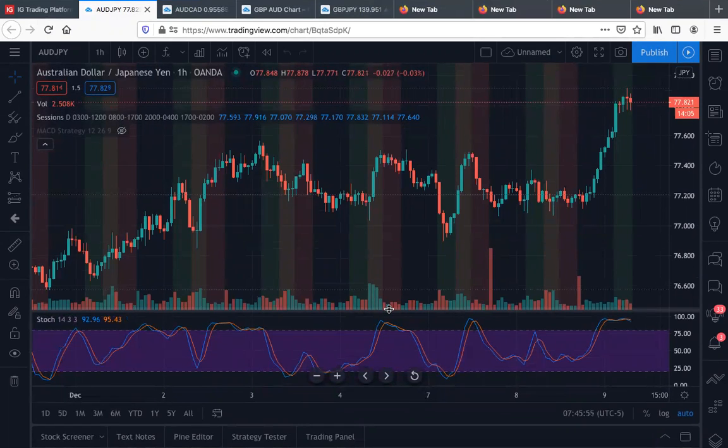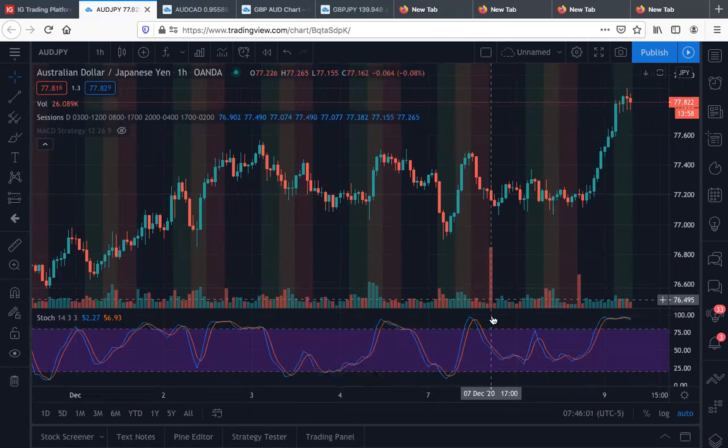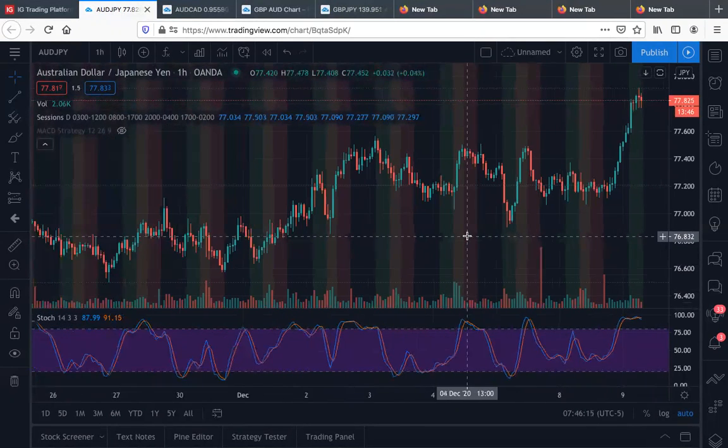All right. So we have a cross on the MACD on this stochastic. And we see that on the hourly, we're on AUDJPY, that we're in overbought territory, right? We're in overbought territory.